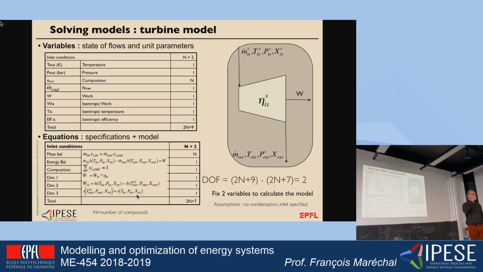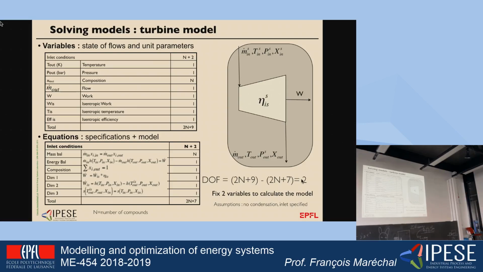Okay? And if I make the list of all the variables that I have, and the list of all the equations that I have, I realize that if I assume that the inlet conditions are specified, I need to fix two values in order to be able to calculate my turbine. And the two values are quite straightforward here.